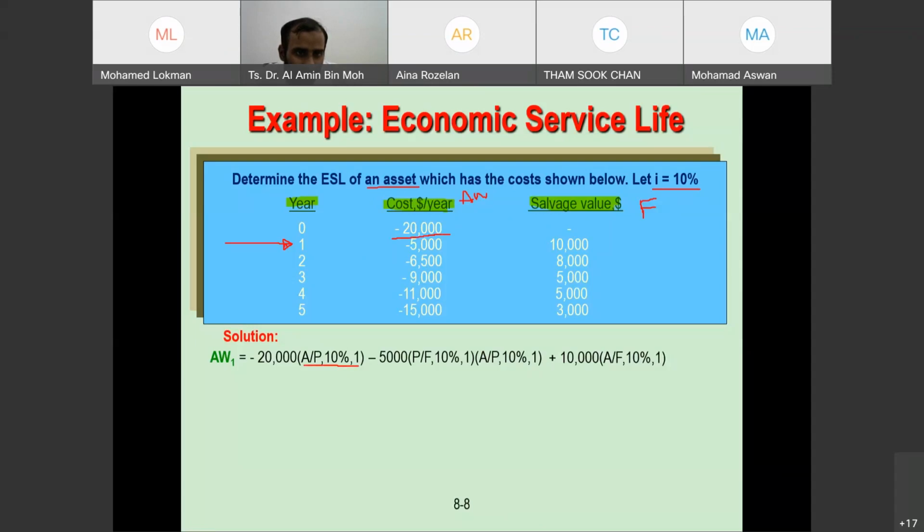Although we say it's an AW per year. This is previous chapter, maybe chapter February, I guess. Yes, anyone?